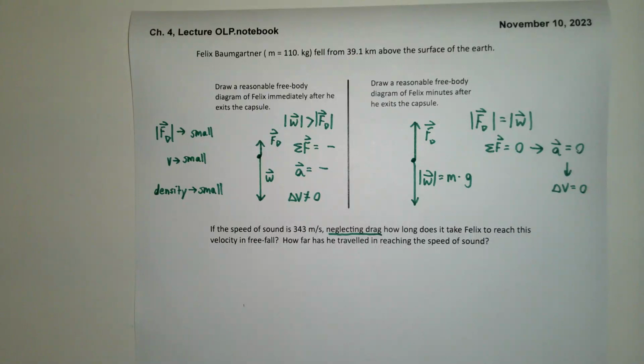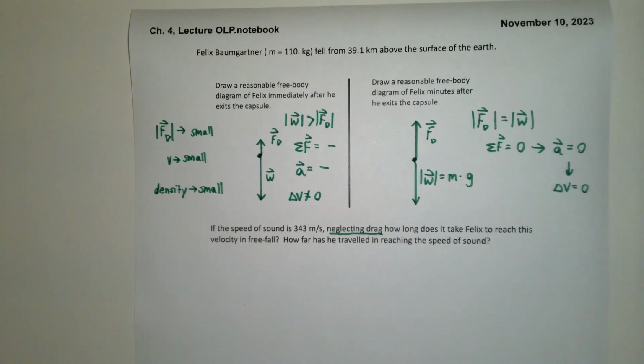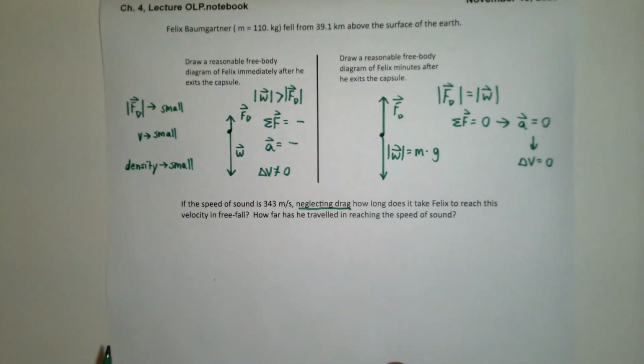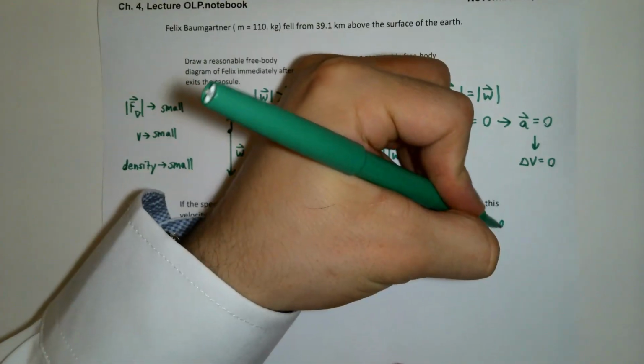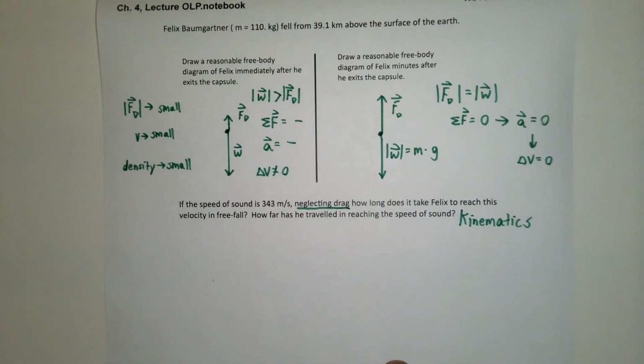All right, now we need to assess what kind of problem we are trying to solve here. What are we trying to understand about Felix? We're given some velocity he needs to get to, and we're trying to see how long it takes him to reach that velocity. This is a problem where I'm asked to describe the motion of an object, in this case Felix, so I have the tools of kinematics to help me.